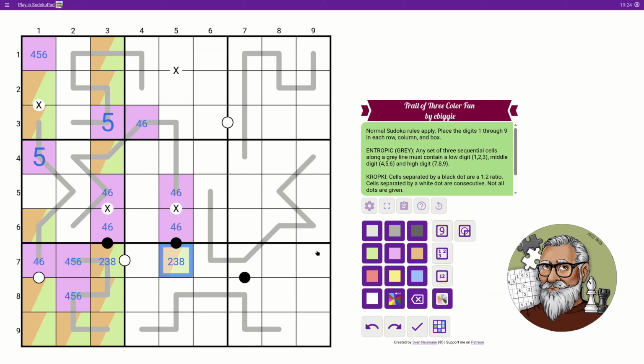Well, what's next? How do I continue? Oh, of course. I have to be able to decipher which one is orange and which one is green, right?